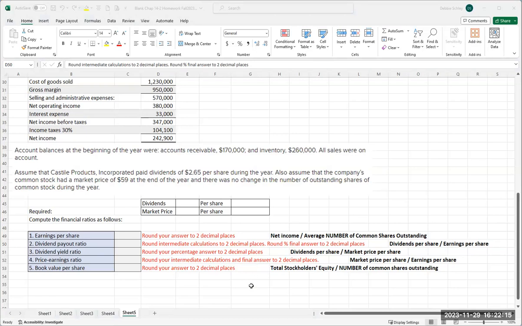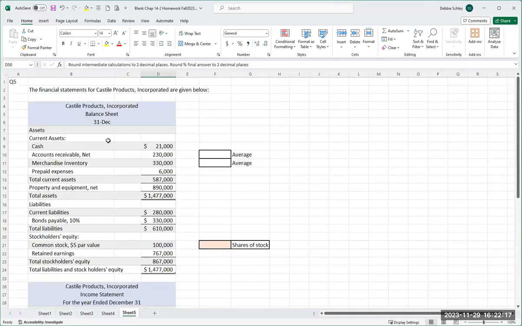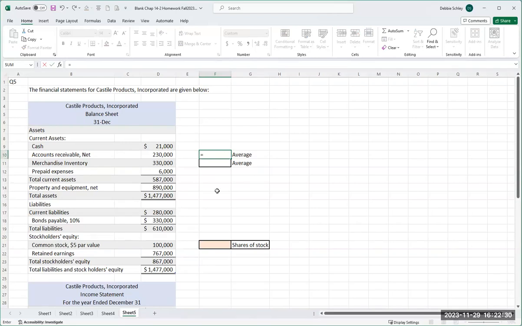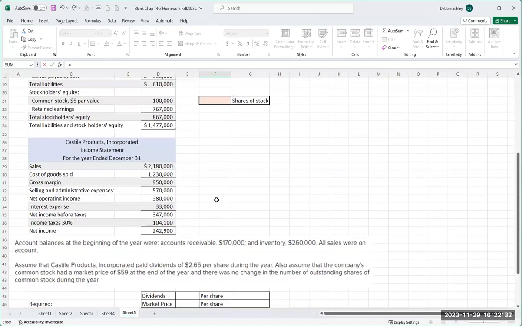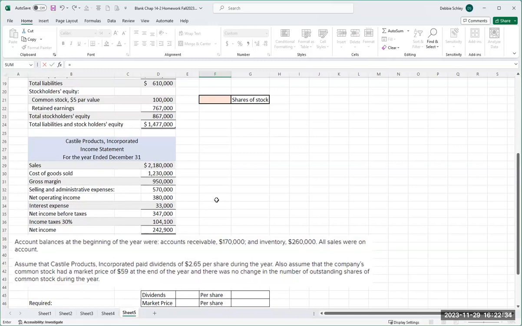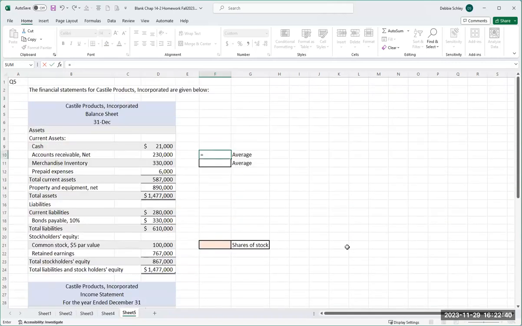Let's see. This one's a little tricky. So we're going to find a couple of things. The financial statements for Castile Products Incorporated are given below. So real quick, just to save myself some grief. Accounts receivable is 170,000.